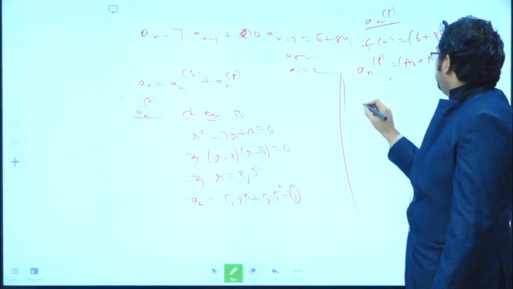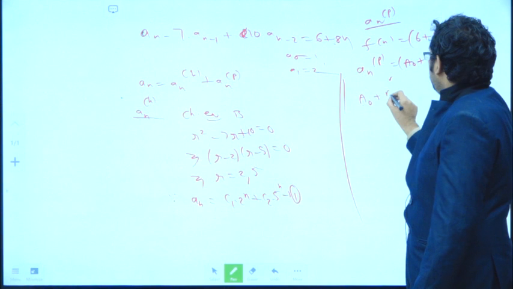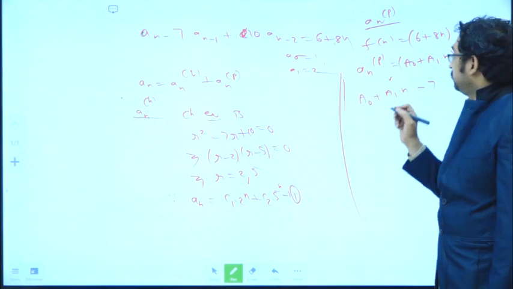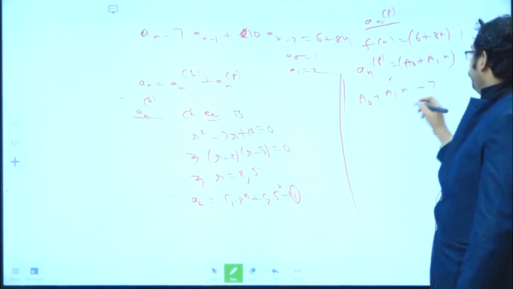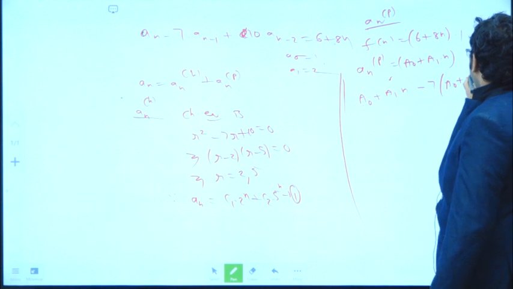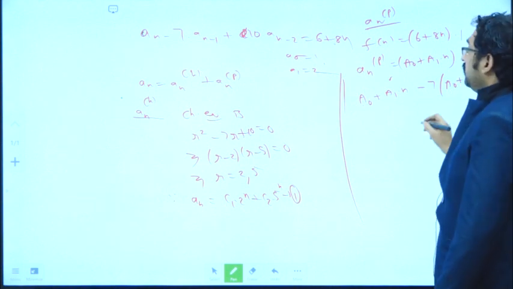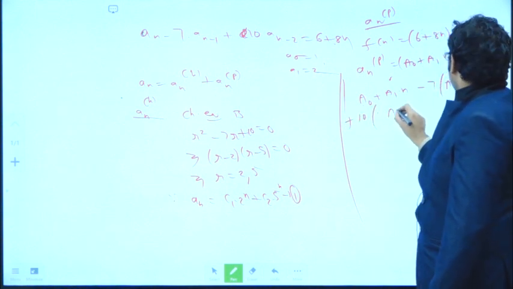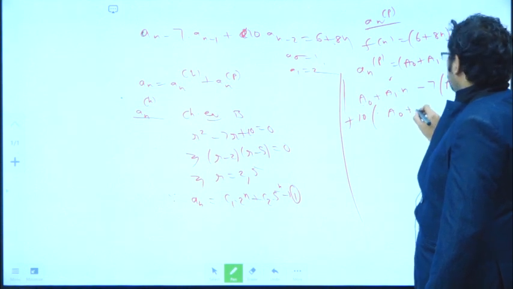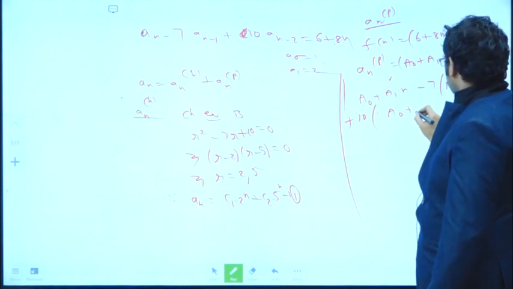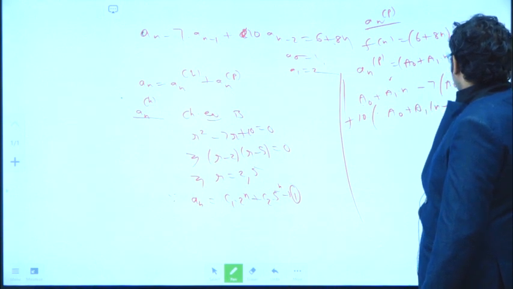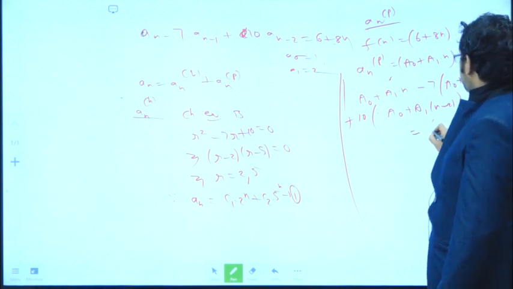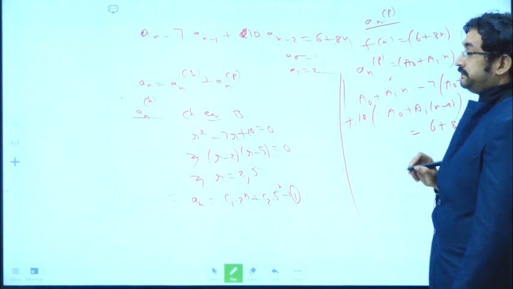Substitute in the given equation. So we will get a0 plus a1 into n, minus 7 into a n minus 1. Wherever n is there, put n minus 1. So 7 into a0 plus a1 into n minus 1, plus 10 into a0 plus a1 into n minus 2, equal to 6 plus 8n.